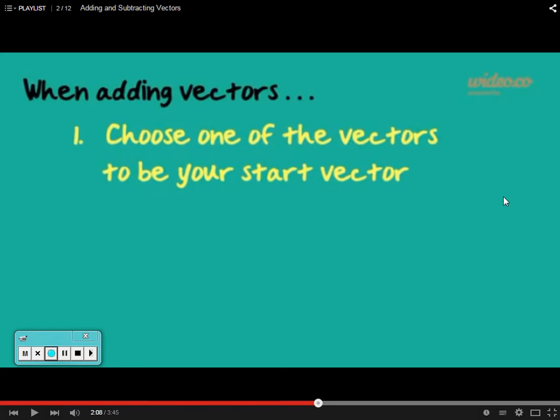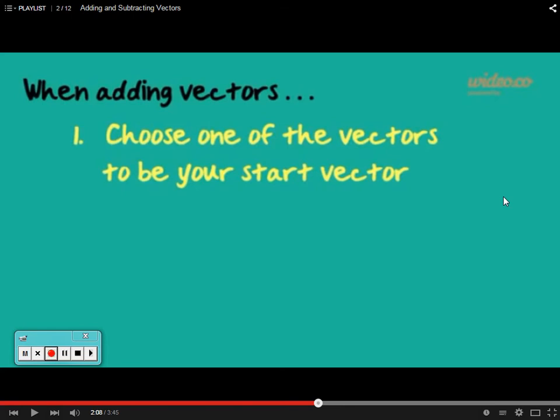Commutative means if I add 5 plus 2, is that the same as 2 plus 5? Yes. Addition can always be added in either direction. So it doesn't matter which of the vectors you start with, because addition is always the same if you add two things together.